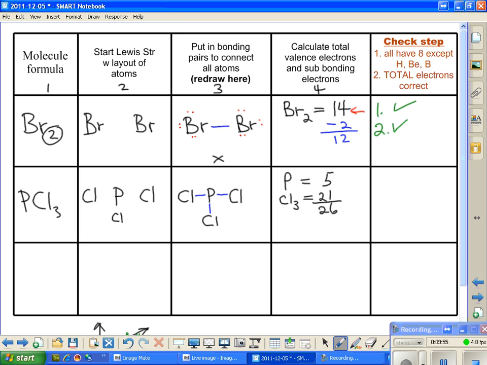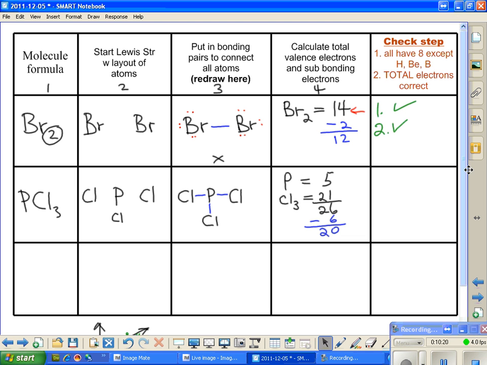Now, we have to account for those blue electrons. Each line is 2 electrons, so I'm going to have to count 2, 4, 6, those blue lines that are touching phosphorus. And so I'm going to subtract those 6 electrons, and that leaves me with 20 to pass out.